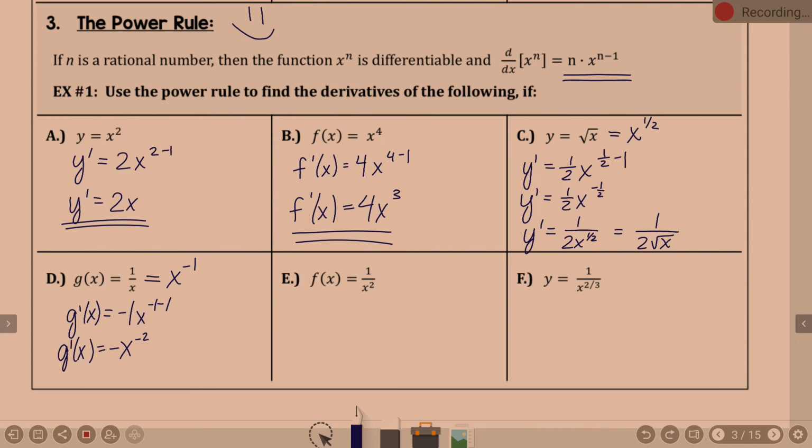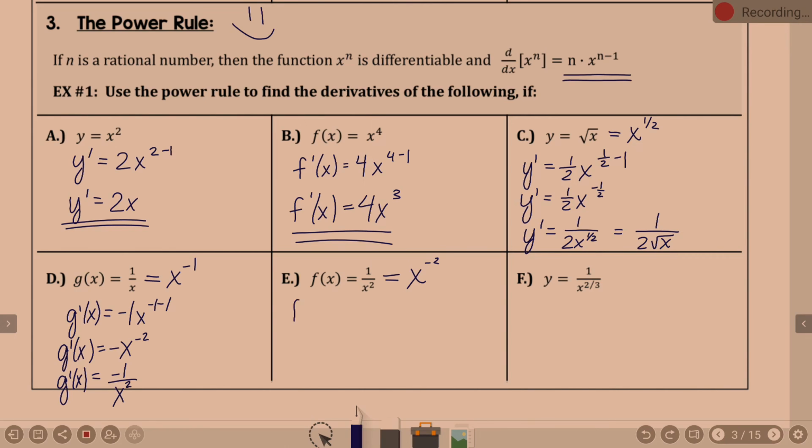That is more properly written as negative 1 over x squared. So what do you know about f of x being 1 over x squared? It equals x to the negative 2. I'm not taking any derivatives until I have x to some power.